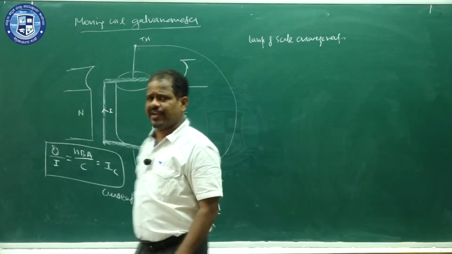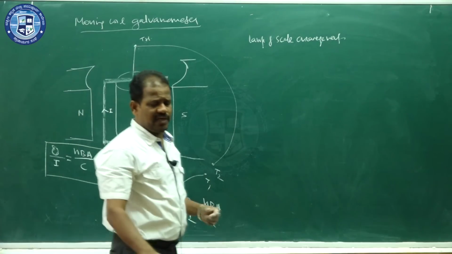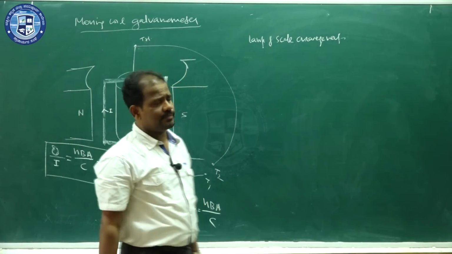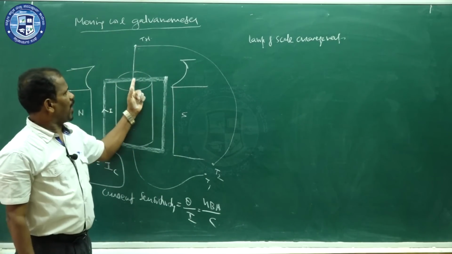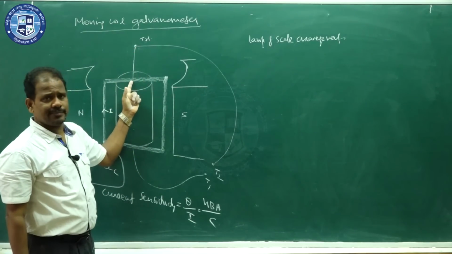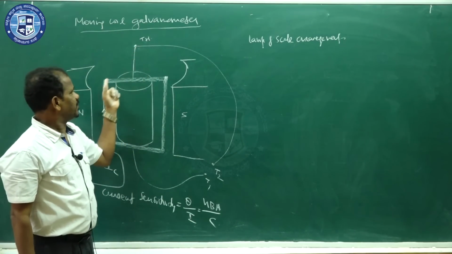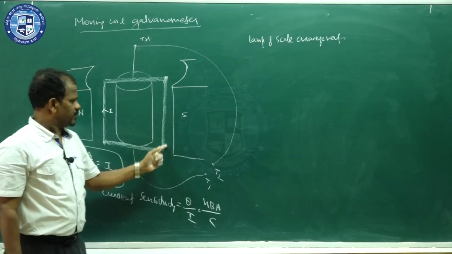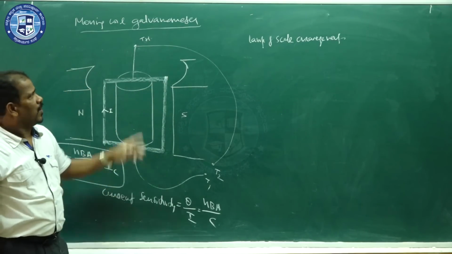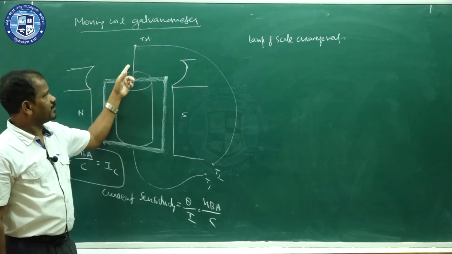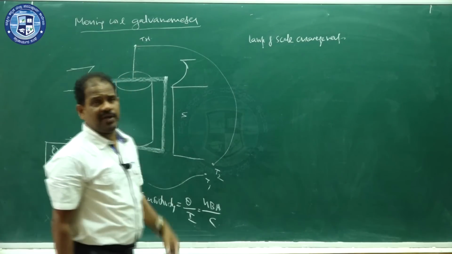What is the lamp and scale arrangement? It means the phosphor bronze wire, in which the coil is hung. There was a mirror fixed on the wire.